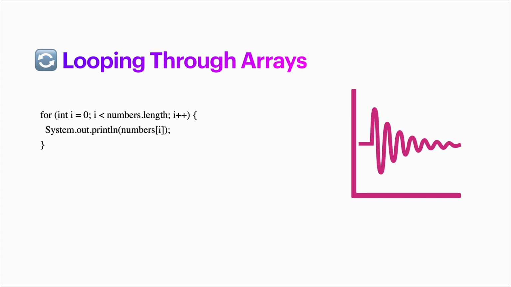Then i is less than numbers.length. This shows there's an array somewhere, and we're checking this code to run for the number of items in the array. That's why we're saying numbers.length. Then i++. If there are 10 items in the array of numbers, it runs while i is less than 10, so when i gets past 9, the code stops.